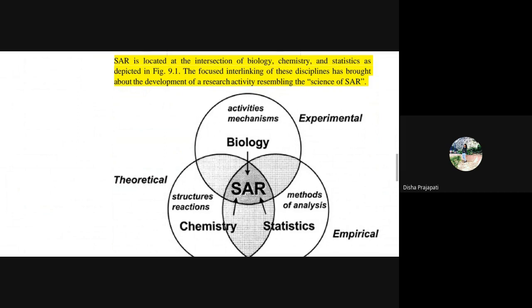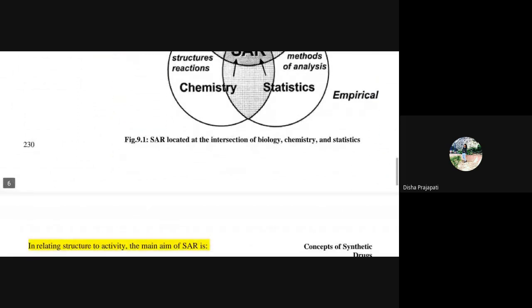So in biology, the activities mechanism in the experimental process, and in statistics, the methods of analysis in the empirical process, and structure reactions in chemistry, such as theoretical process, all interlink to form a structure activity relationship.